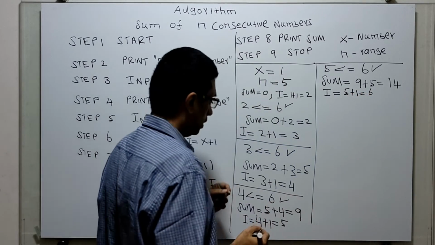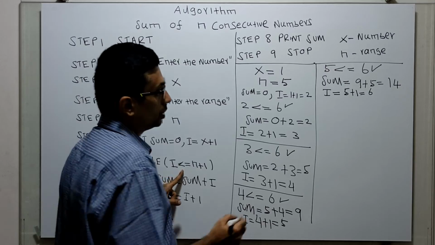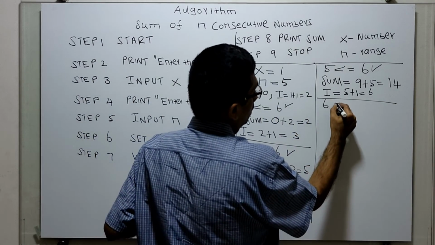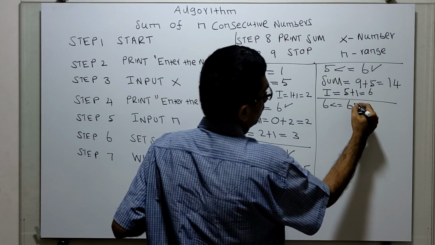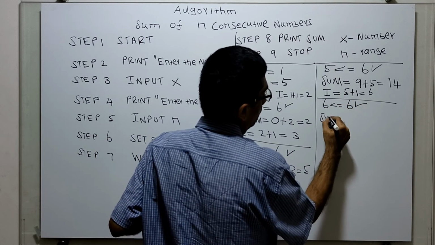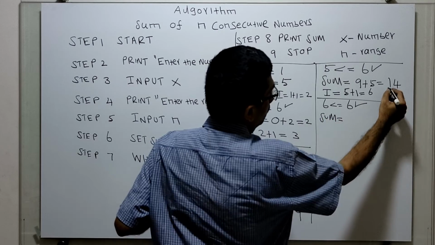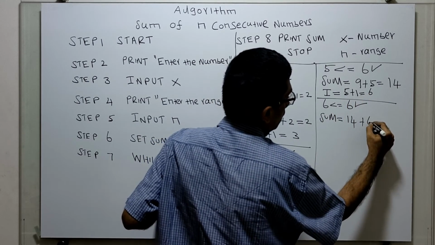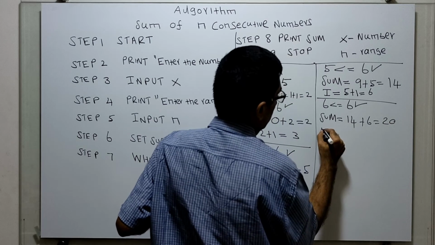I is 6. Again it will check the condition in the next iteration. 6 less than or equal to 6, which is true. Sum equal to the existing value of sum, 14, plus I value 6, equal to 20.